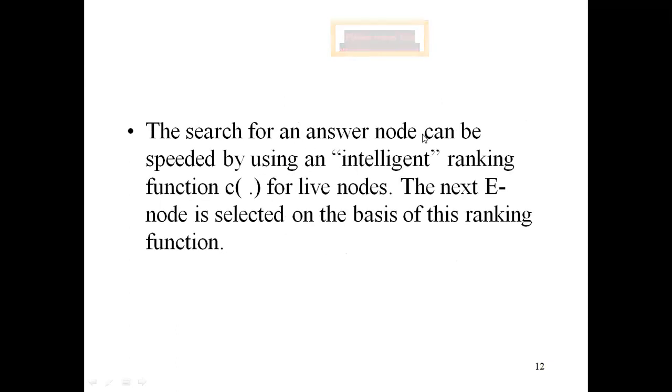The search for an answer node can be speeded up by using an intelligent ranking function, c-hat, for live nodes. By using that, we can search at a fast rate. The next E node is selected on the basis of this ranking function.